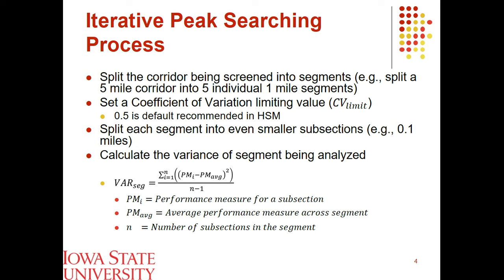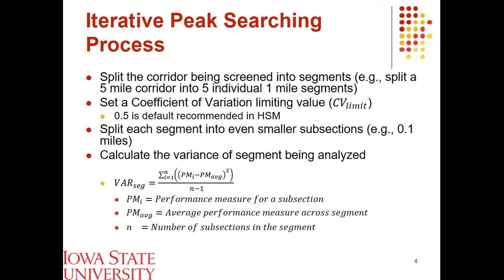Having identified our smaller segments from our longer corridor, we're going to want to split each of those segments into even smaller subsections. So our 5-mile corridor became 5 1-mile segments, and then each of our 1-mile segments would become 10 0.1-mile subsections. Once we've done all the splitting of our corridor, we can calculate the variance of the segment that we're analyzing.